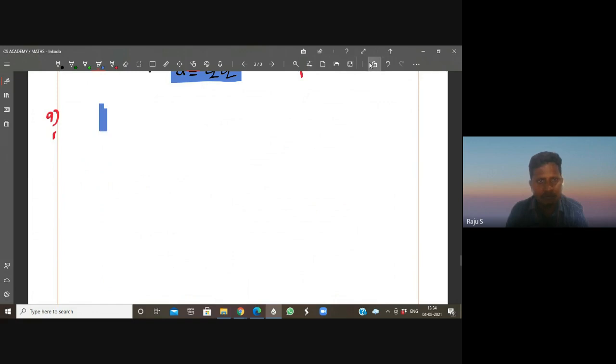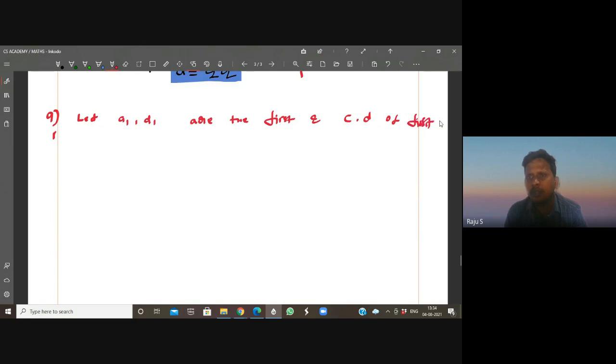So first, let us consider A1 comma D1 are the first term and common difference of the first arithmetic progression, simply the first AP, and A2 comma D2 are the first term and common difference of the second AP.